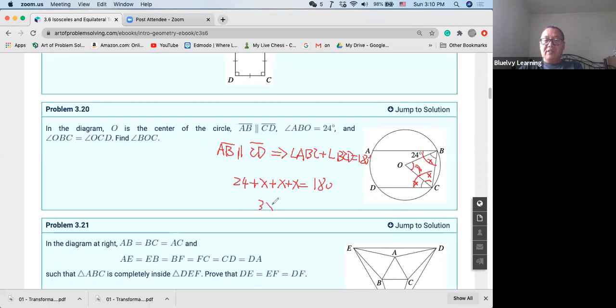So 3x equals 156, so x equals 52. X equals 52 in triangle OBC.